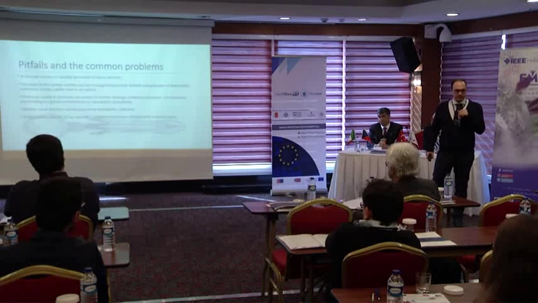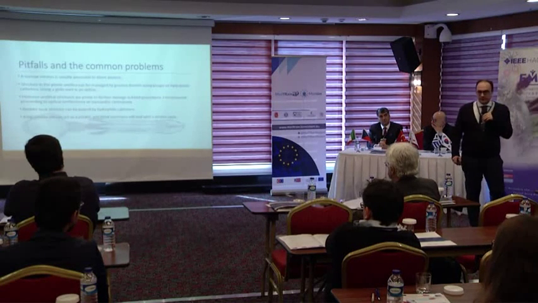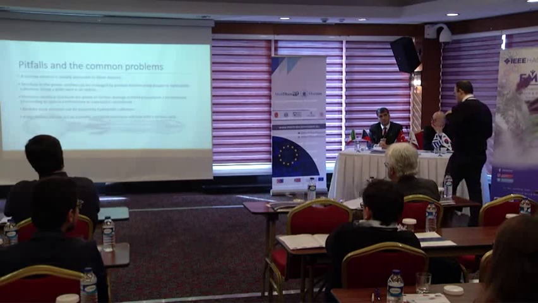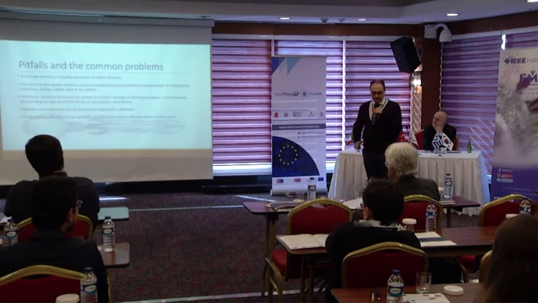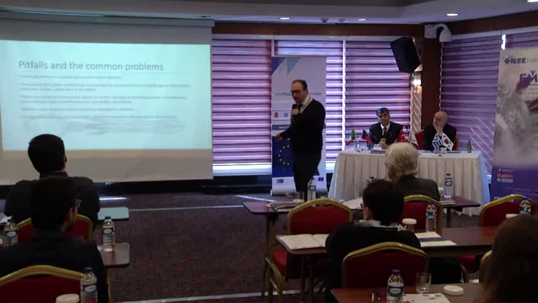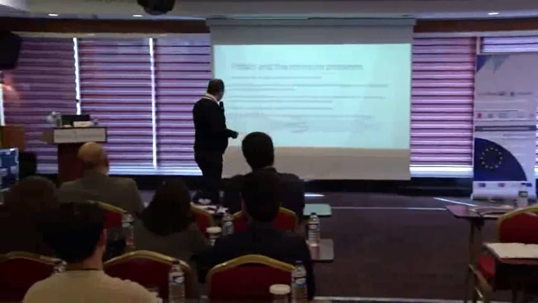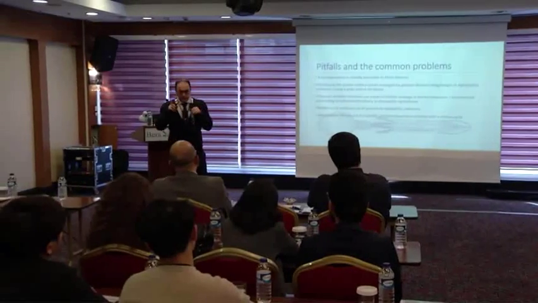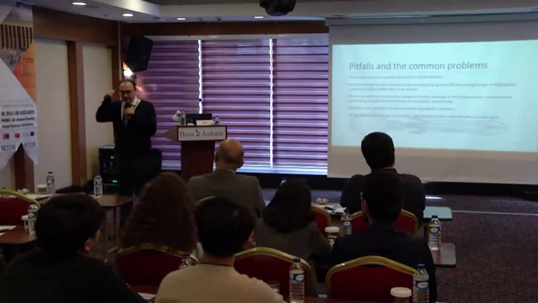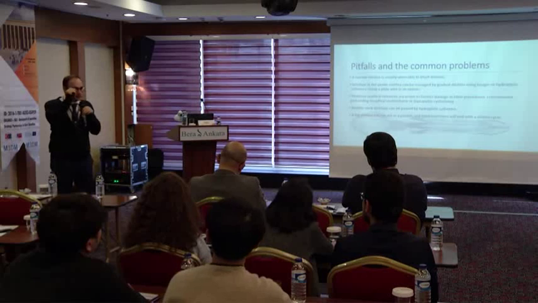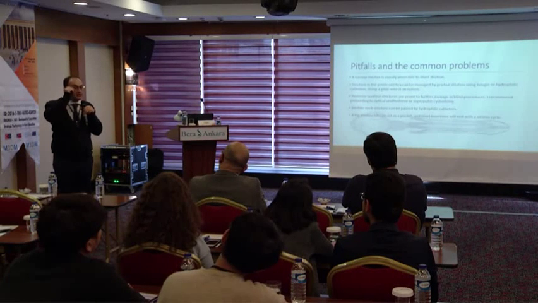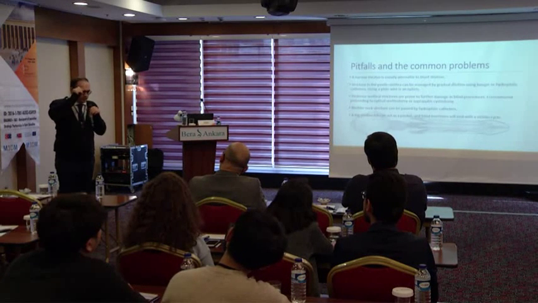So what are the pitfalls? If you have a pitfall, first you can call a urologist. There's always someone on call to take care of you. So in stricture of the penile urethra, you insert the catheter inside the urethra, but you cannot advance it.